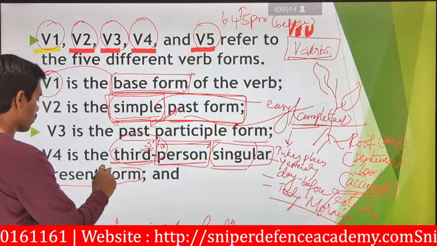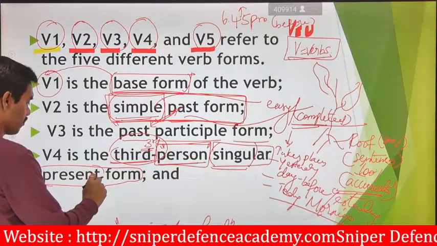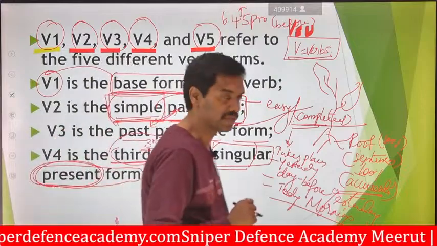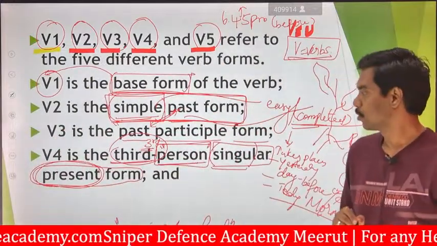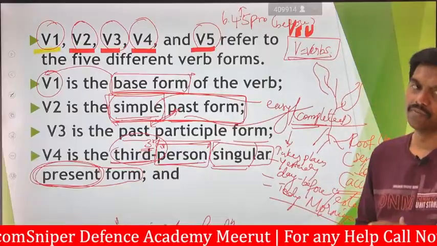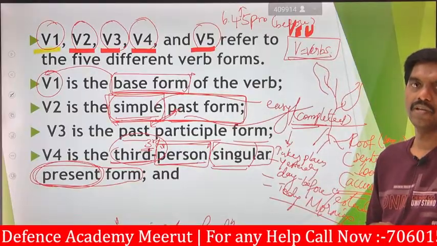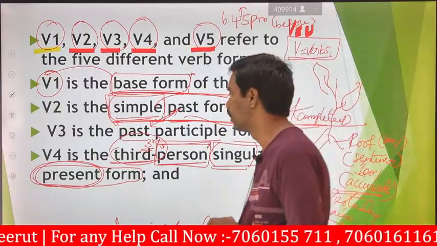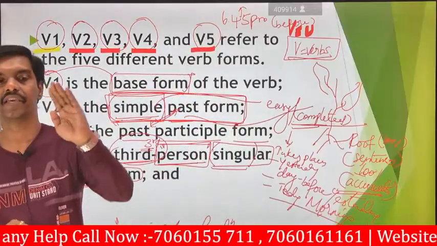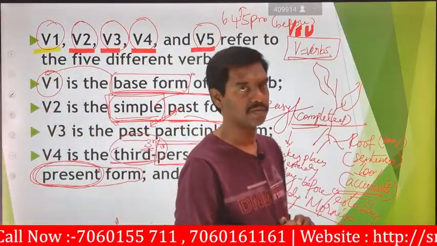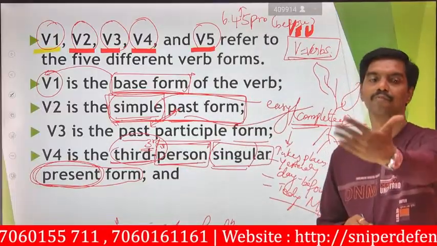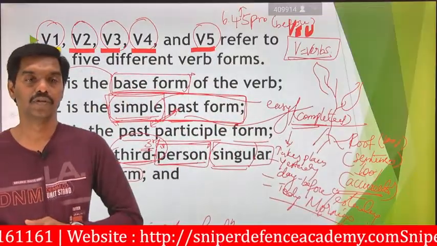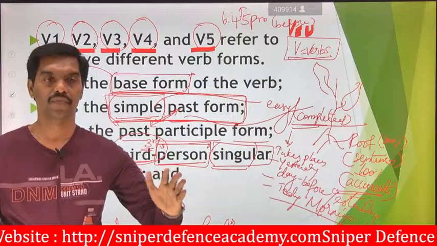So the sentences which appear will be in terms of present tense, or present verbs will be located. It is said to be in present form. So V4 means verb 4. It always represents the third person who is away from you, or who is near to you but unknown to everyone.